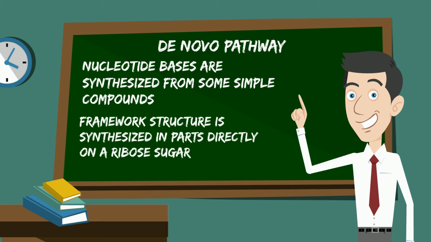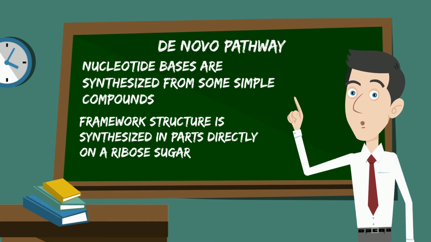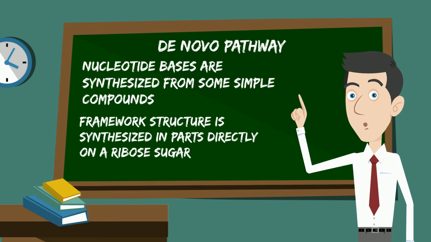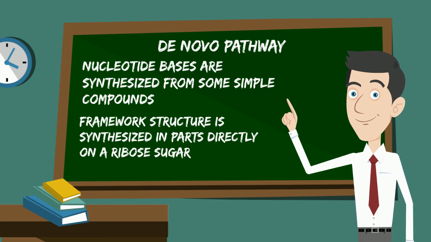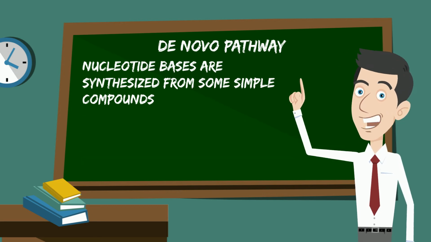The basic framework structure of the pyrimidine base is synthesized first, and then gets attached to the ribose sugar. The purine base's framework structure is synthesized in parts directly on a ribose sugar-based structure. 5-phosphoribosyl 1-pyrophosphate, PRPP, reacts with amino acids, ATP, and CO2 to form purine.